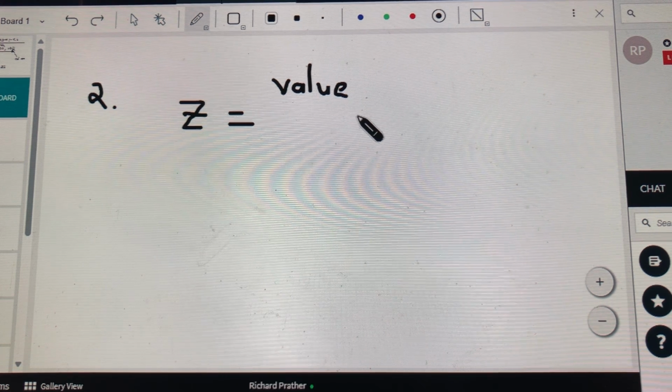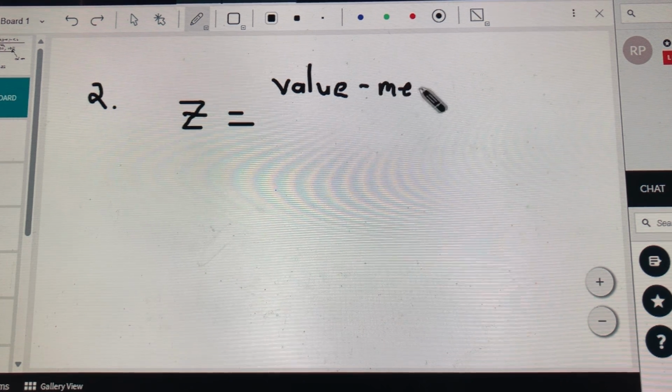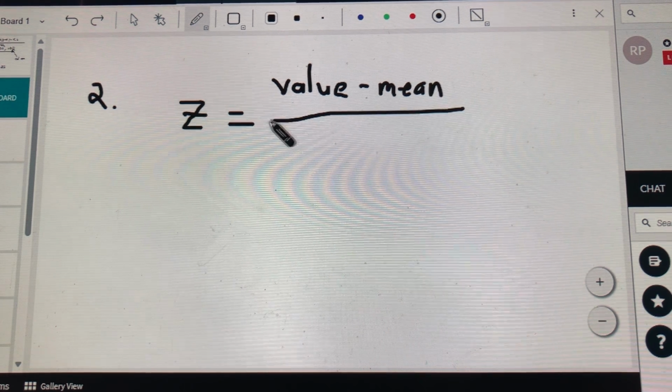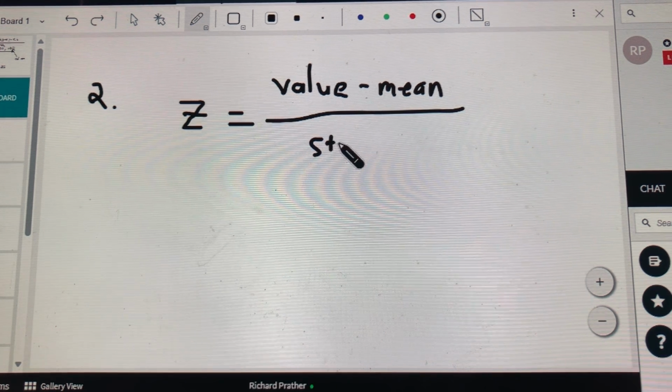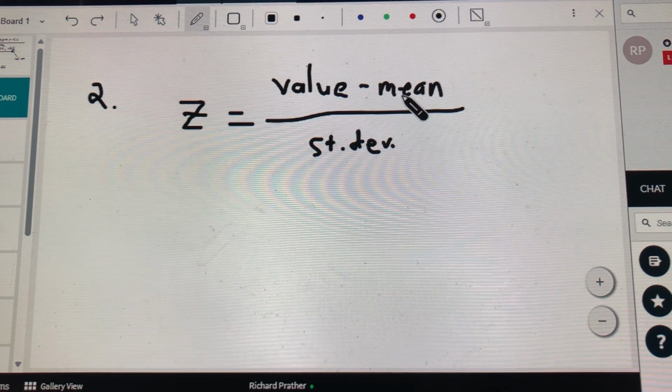Take your value, like your test score, if you take a test, or your height, or your weight, anything that you would measure, and you subtract the mean and divide by the standard deviation. It's one of the measures that kind of uses both spread of data from section 3.2 and then the center of data from 3.1.